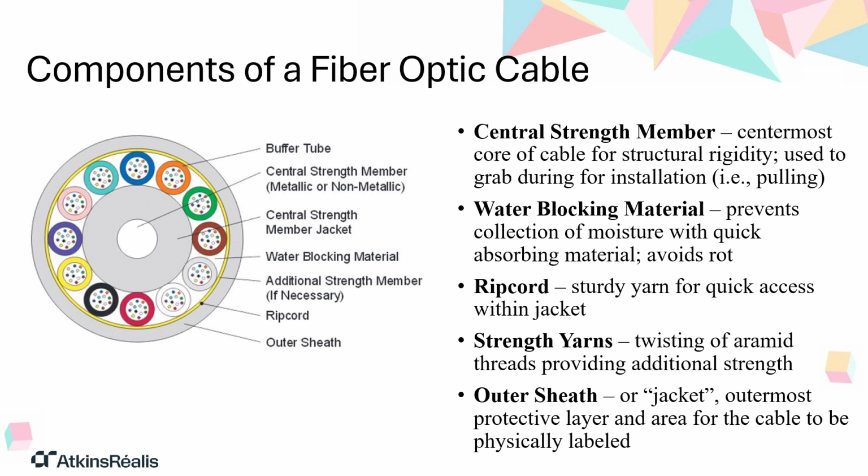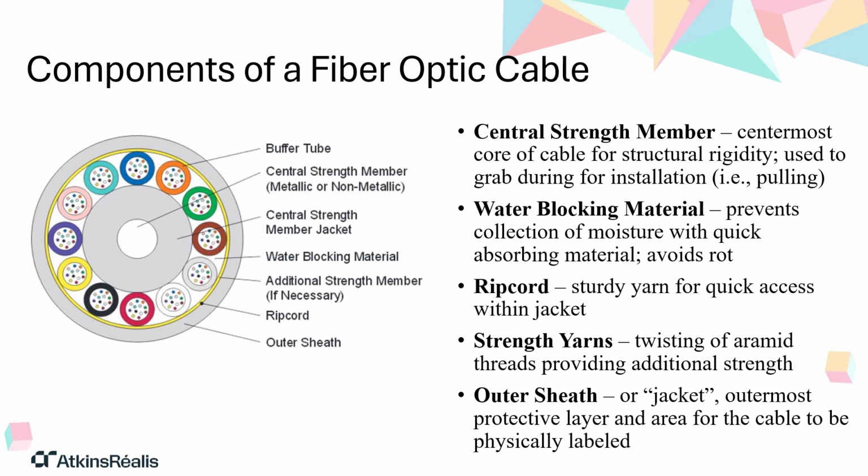This is a core for the cable that provides structural rigidity, and it's used as a primary element for pulling or installation. We wouldn't want to attach equipment to individual fibers, which are fragile and very keen to break. So we'd rather have all of our pulling, our tension, our force applied to this central strength member, which is typically made of some sort of solid plastic core.